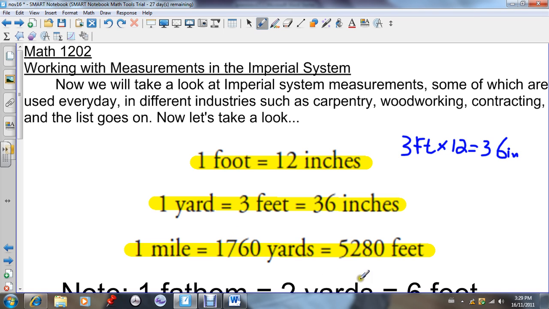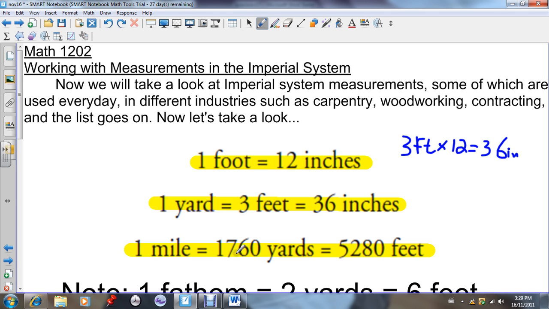And 1 mile is 5,280 feet. How do you get that? Well, let's go up top. It says that in 1 yard there's 3 feet.